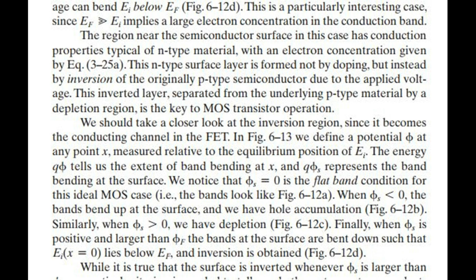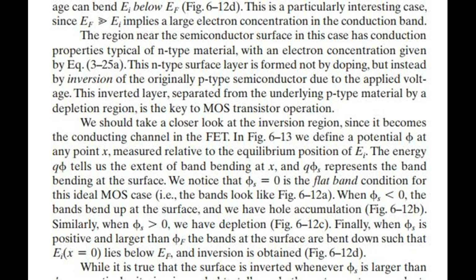This n-type surface layer is formed not by doping, but instead by inversion of the originally p-type semiconductor due to the applied voltage. This inverted layer, separated from the underlying p-type material by a depletion region, is the key to most transistor operation. We should take a closer look at the inversion region, since it becomes the conducting channel in the FET.